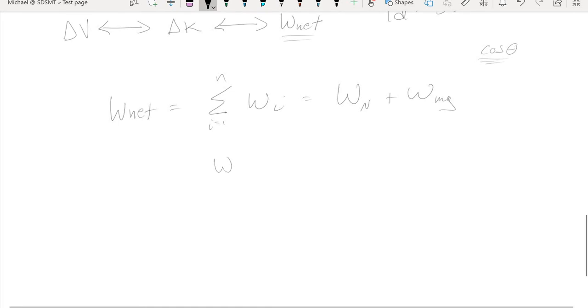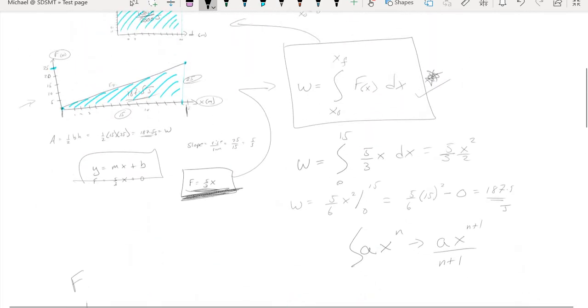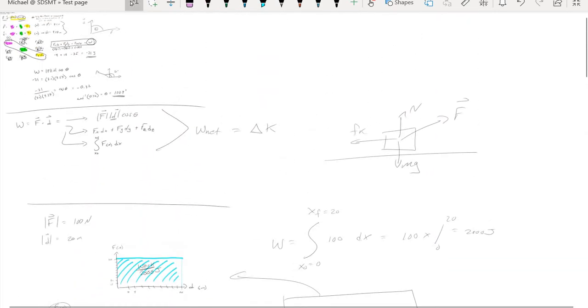If we attempt to evaluate the work done by the normal force, okay, so now you've got your choice of 3 different ways that you can evaluate your work. Well, do you want the magnitude and angle? Do you want the components? Or do you want the integral?